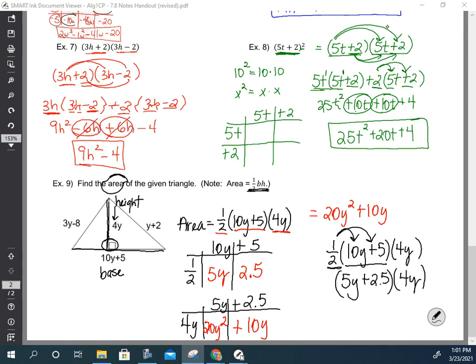And then 5y times 4y is 20y squared. 2.5 times 4y is 10y. So you end up still in the same place.